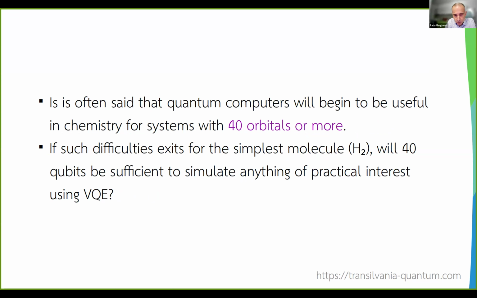Now, if such difficulties exist for the simplest molecule like hydrogen, will 40 qubits be sufficient to simulate anything of practical interest? Probably the answer is no. Even if you target a medium-sized molecule that you would like to simulate using VQE, and if this molecule in the minimal basis may have around 40 orbitals, if you actually want an accurate result, you will need many more orbitals than that.